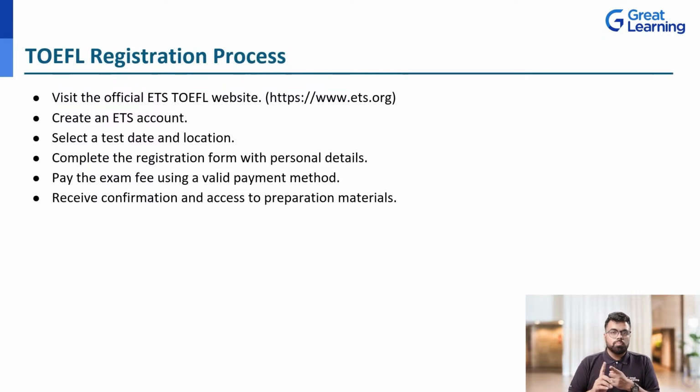If you're opting for the fall one, that is the intake of September October, make sure that the application starts from the previous year, around November December. So you have to make sure that you're giving your TOEFL or English proficiency test by September or October.